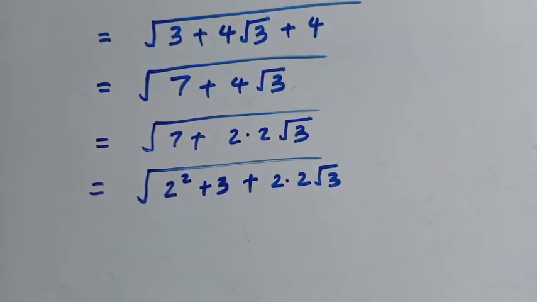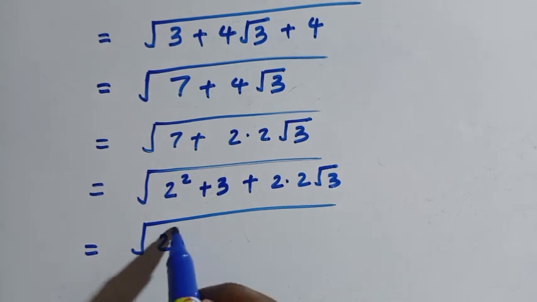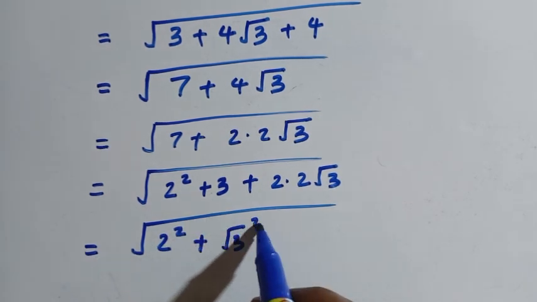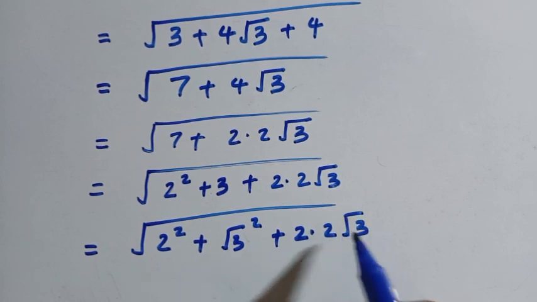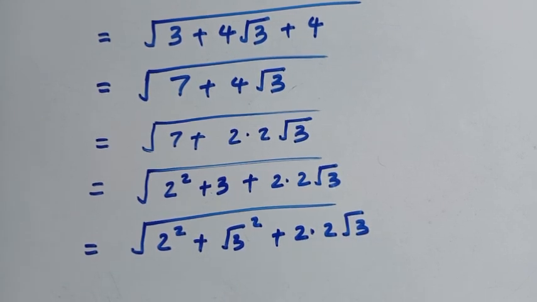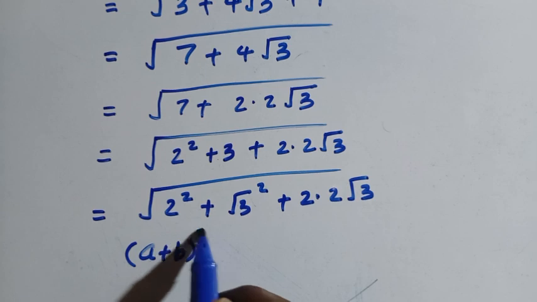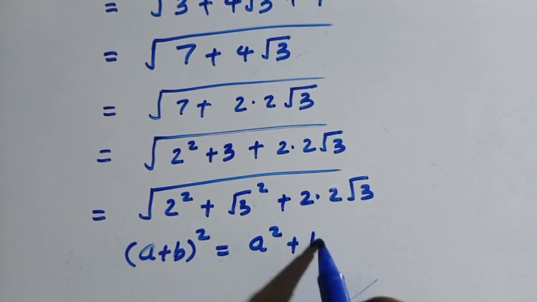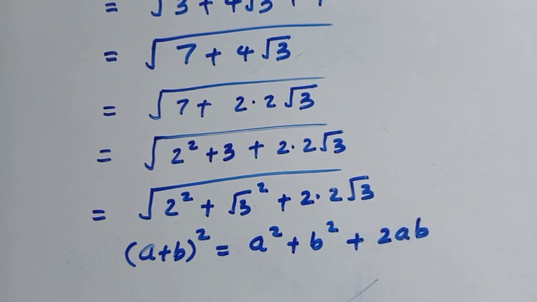And next, suppose I write this as the square root of 2 squared plus root 3 squared plus 2 multiplied by 2 root 3. And according to the rule I applied above, suppose we have a plus b raised to the power of 2, this equals a squared plus b squared plus 2 multiplied by a multiplied by b.